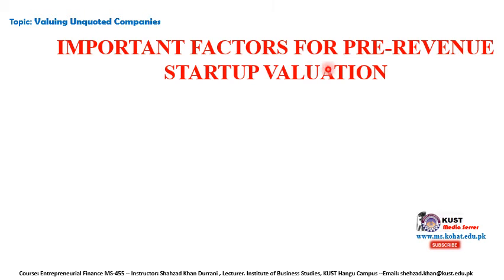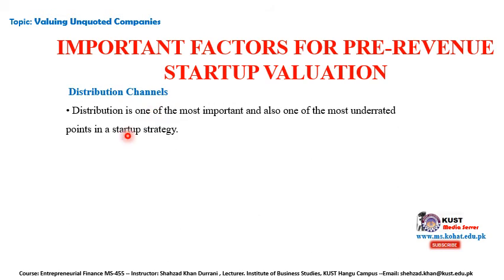Another factor for pre-revenue startup valuation is distribution channels, right? Distribution channels are one of the most important and also one of the most underrated points in startup strategy. People are underrating it, but it's the most important one.